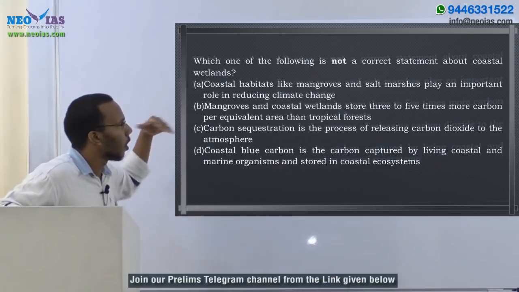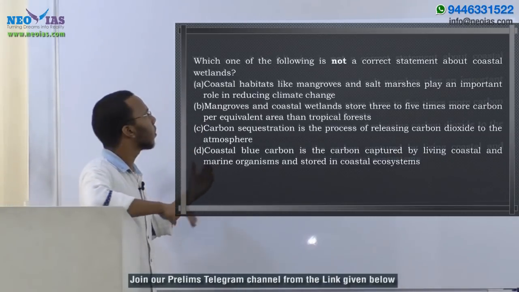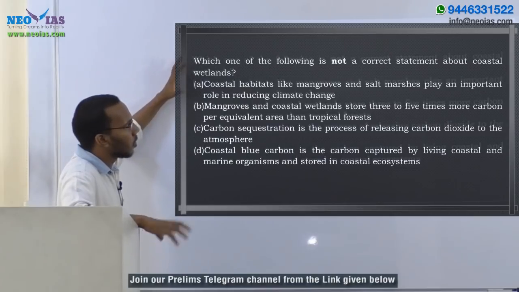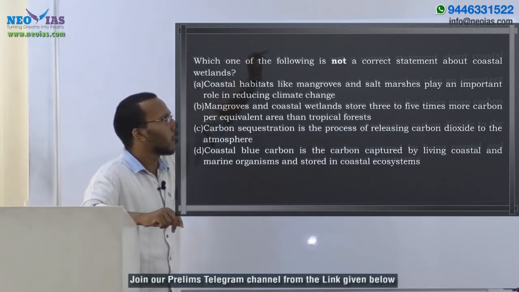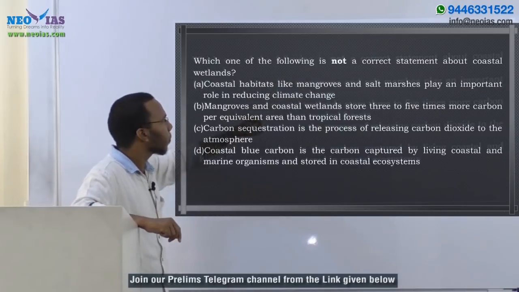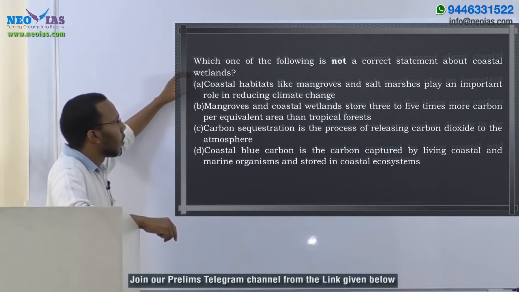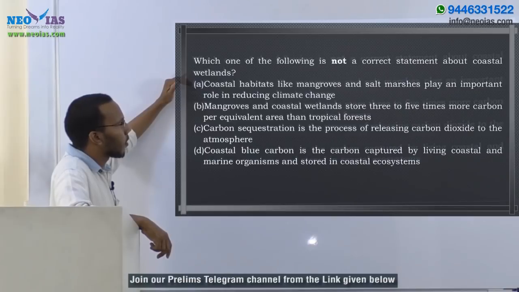So this is a question regarding coastal wetlands, and the question is like this: which one of the following is not a correct statement about coastal wetlands? So they are asking about the not correct statement, and the statements are given like this: A, coastal habitats like mangroves and salt marshes play an important role in reducing climate change.